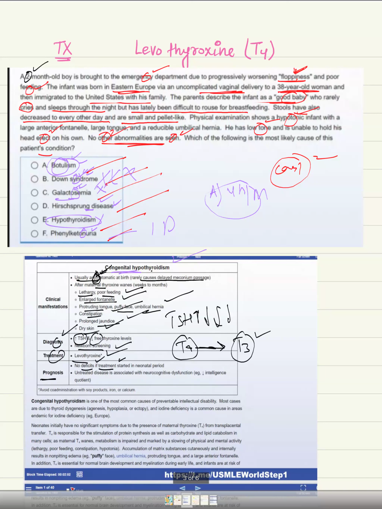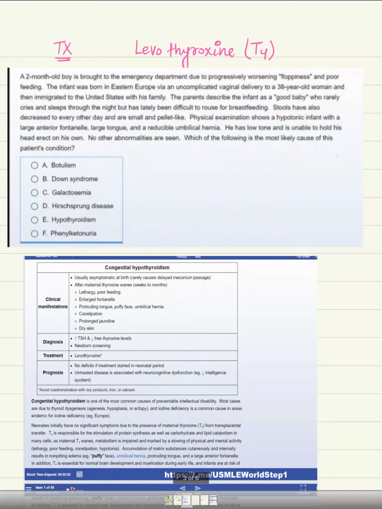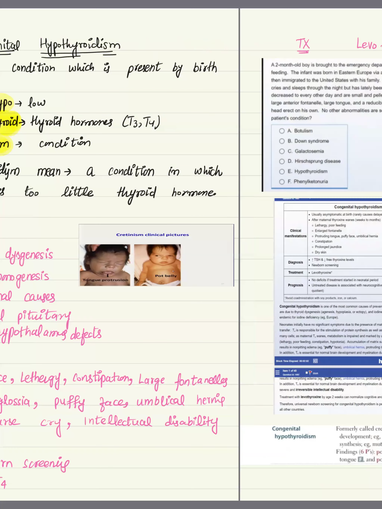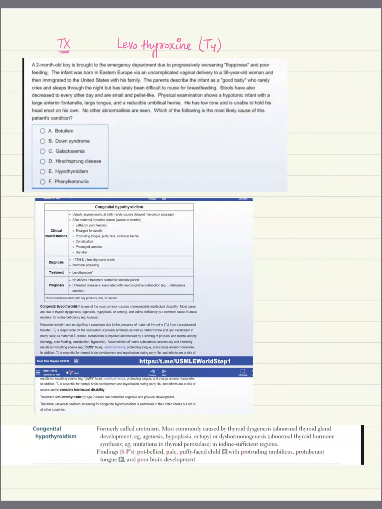These are the important points you have to remember. Then he mentioned avoiding co-administration with soya products, iron and calcium, which I already explained to you. This is all the information, and I will read the other information also, just for a quick review, in case there is anything new.